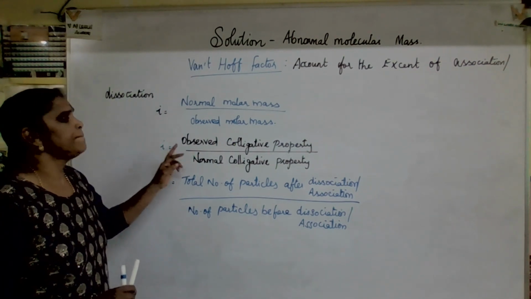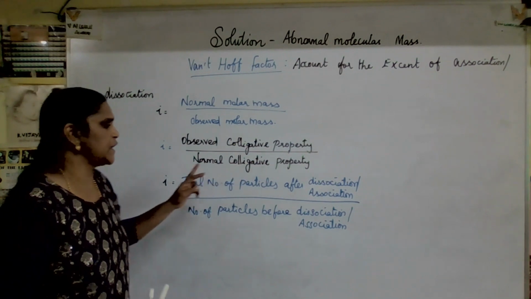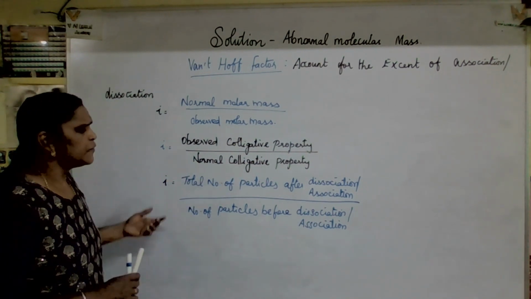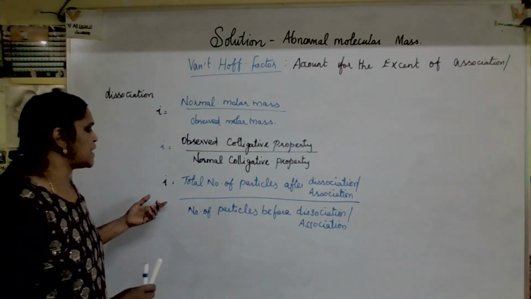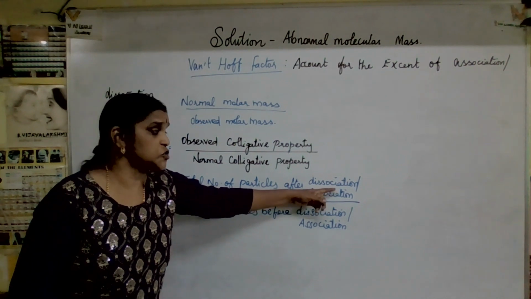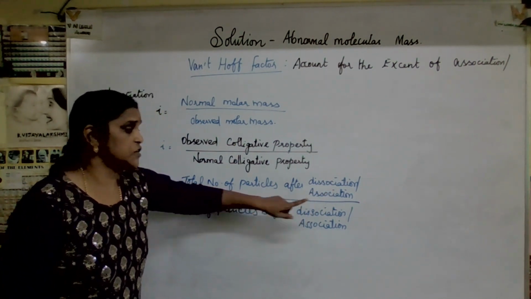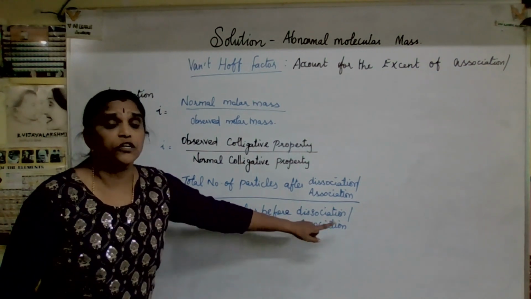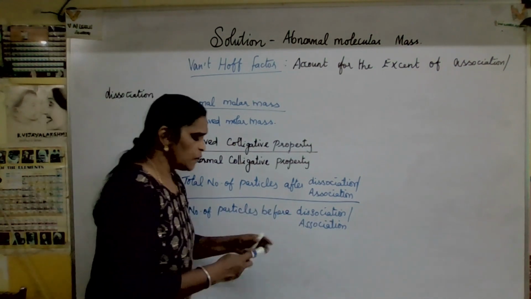In the same way, it is the observed colligative property divided by the theoretical, that is normal, colligative property. Finally, it is the total number of particles after association or dissociation divided by the number of particles before dissociation or association.